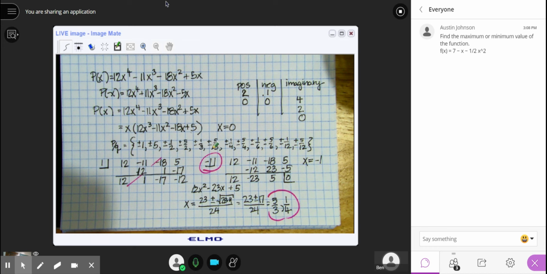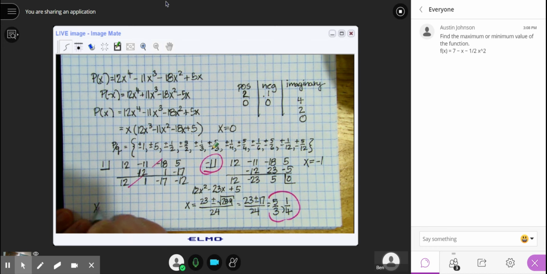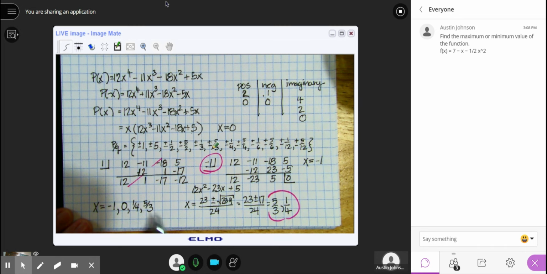So my rational zeros, x could be a -1. Don't forget the 0 we pulled out from the beginning, 1/4 and 5/3. All of these are rational.